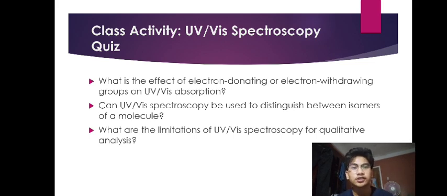For the next batch of questions, what is the effect of electron donating or electron withdrawing groups on UV visible absorption? Can UV visible spectrometry be used to distinguish between isomers of a molecule? And lastly, what are the limitations of UV visible spectrometry for qualitative analysis?